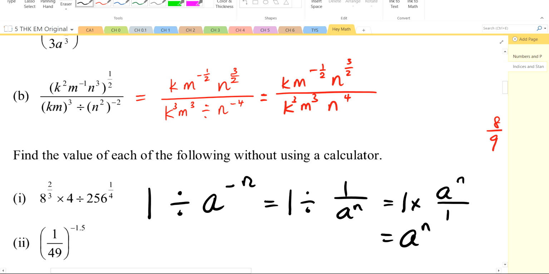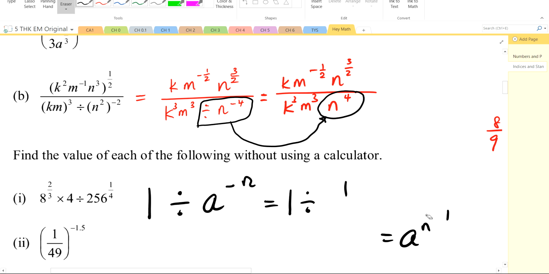Get it? Same logic. Divide by n power negative 4 is the same as times n power 4. I flip already. N power negative 4 is 1 over n power 4.